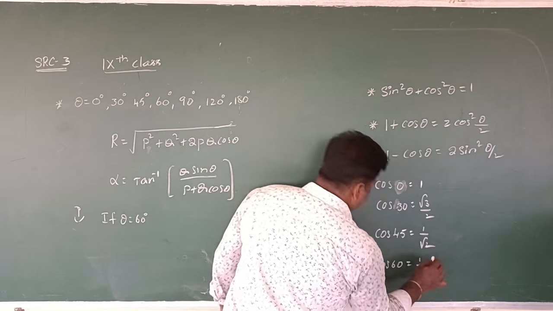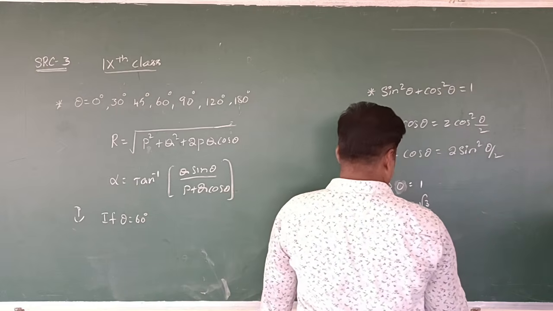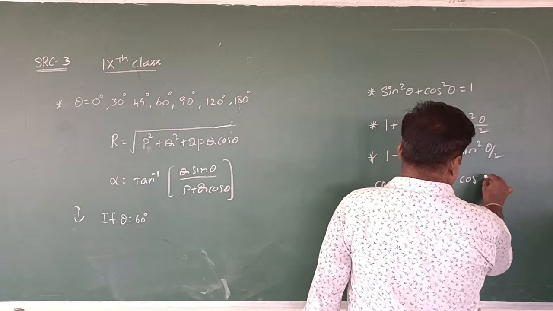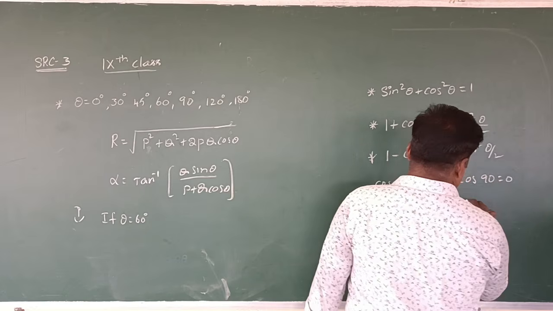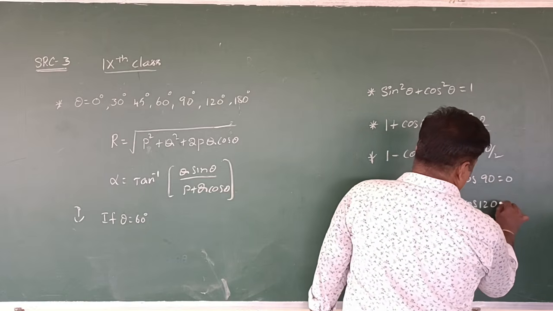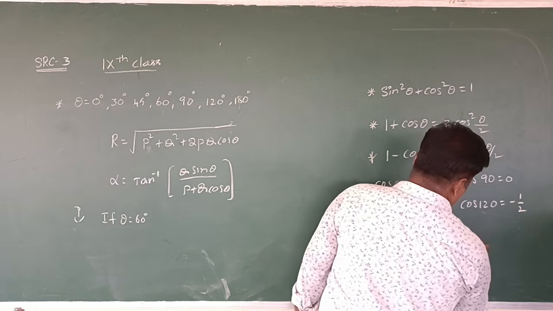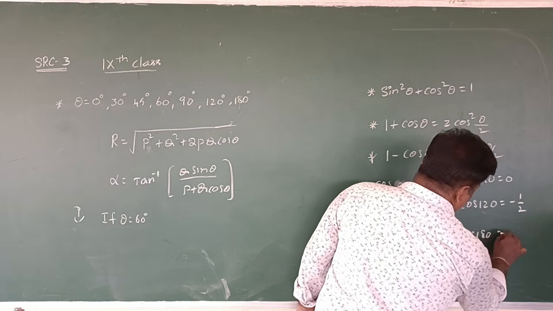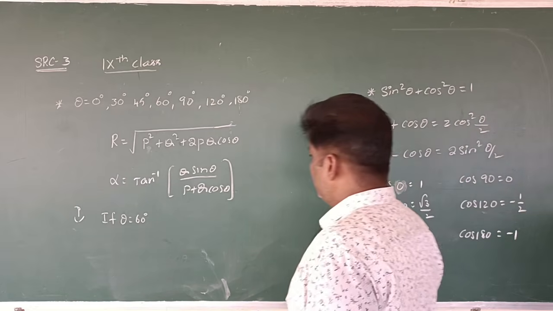These values you need to substitute when you are doing this calculation. Cos 90 is equal to 0, cos 120 is equal to minus 1 by 2, cos 180 is equal to minus 1.